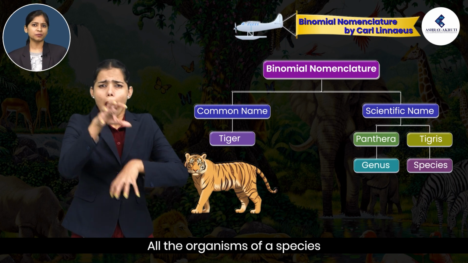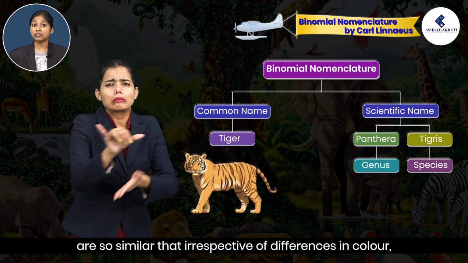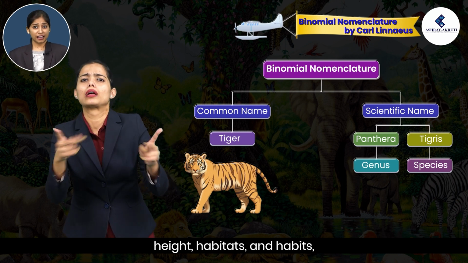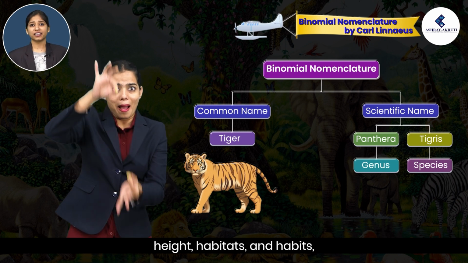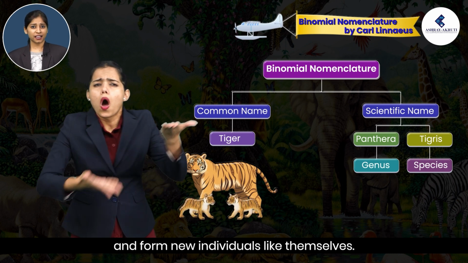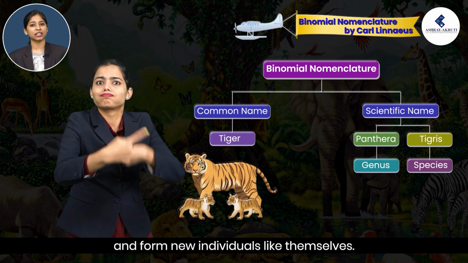All the organisms of a species are so similar that irrespective of differences in color, height, habitats and habits, they can reproduce among themselves and form new individuals like themselves.